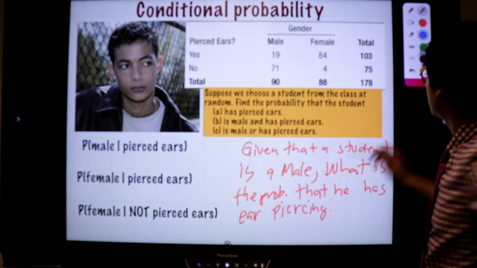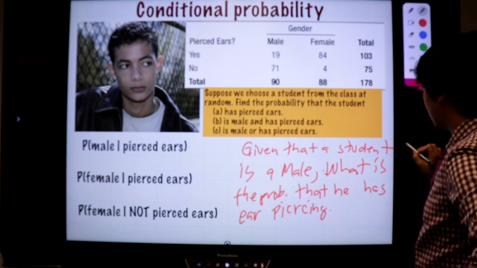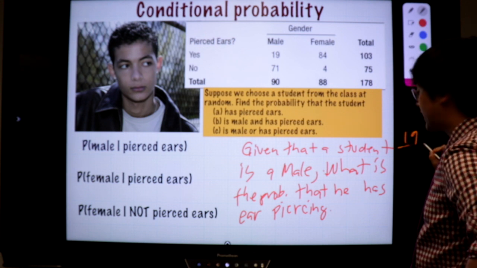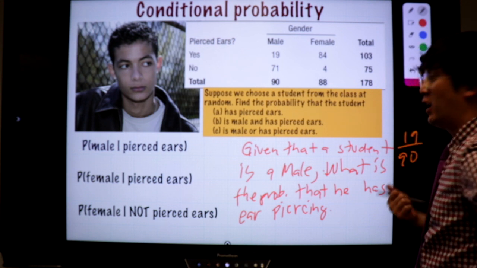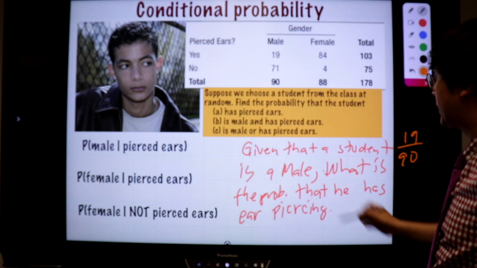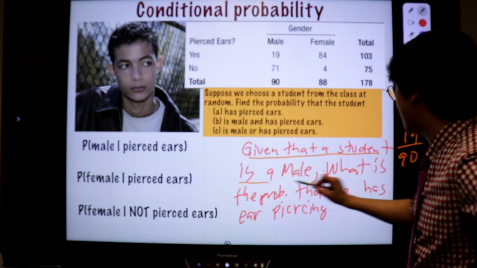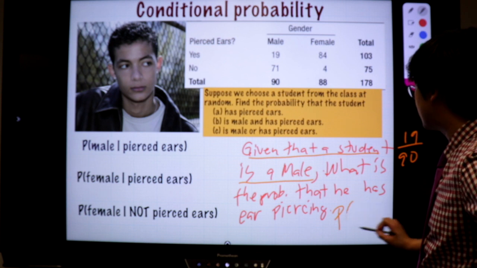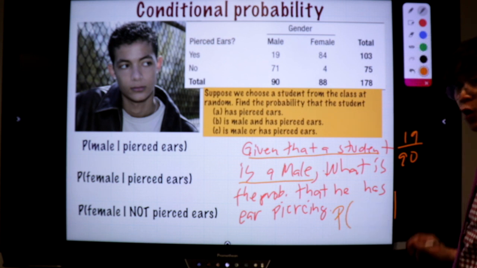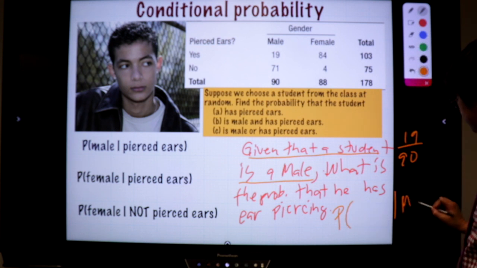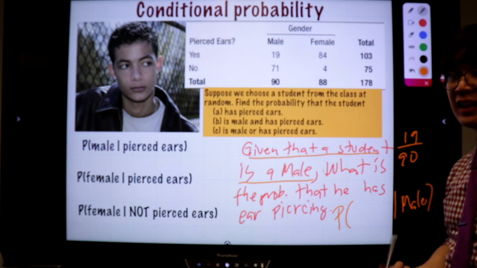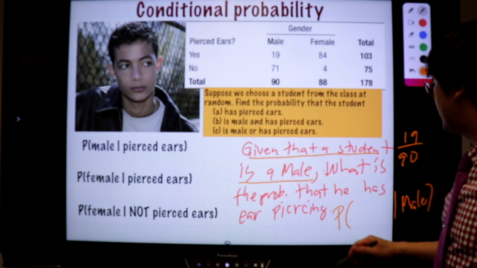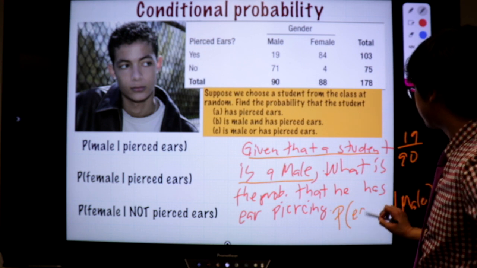So, what is your answer? Tell me. 19 out of 90. So, let's see if it's 19 out of 90, because given that the student is a male, if we're going to write this in notation form, your second statement will be male. So that is your condition. What is the probability that he has ear piercing?